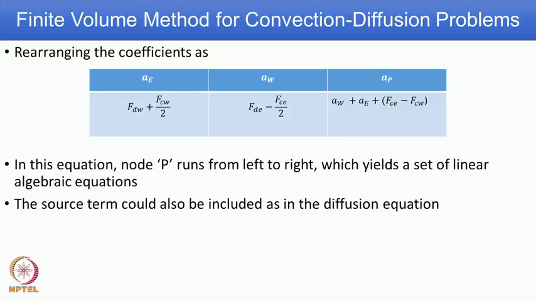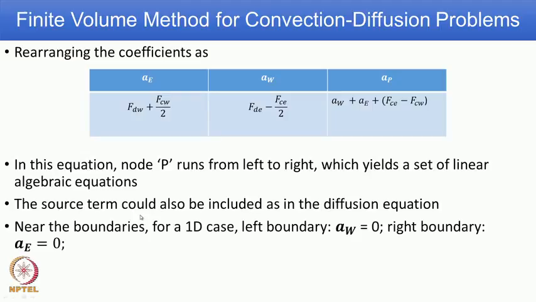For the example illustration that we have taken, we have considered no source term, but it is possible to include a source term, and that source term will go as a known term to the right side of the equation. Near the boundaries, for example in the 1D case, for the node near the left boundary there is no west node, hence coefficient AW goes to 0.